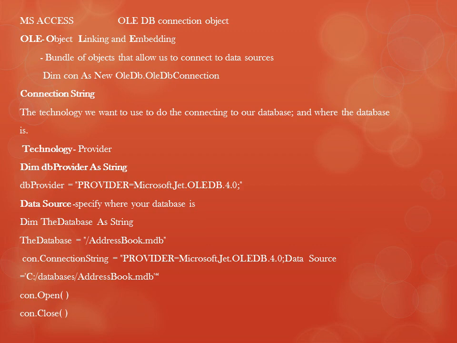To specify the provider, use the statement Dim dbProvider As String, and dbProvider = "Provider=Microsoft.Jet.OLEDB.4.0". Data source can be specified as a string variable. After establishing the connection, we should open the connection, and after completing all the operations, the connection should be closed.